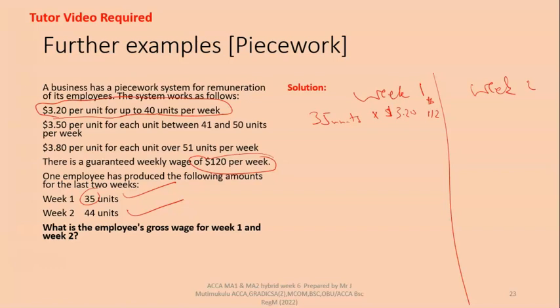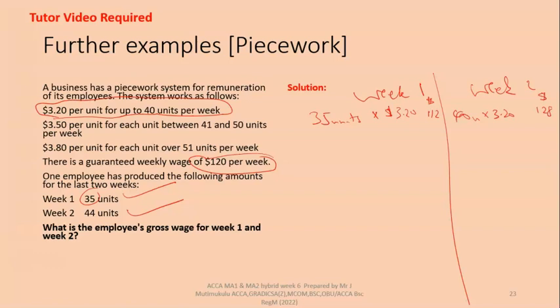In week 2, they produced 44 units. So $3.50 per unit for each unit between 41 and 50. What it means is we have to consider the 40 separately. 40 units at $3.20, and we get $128.